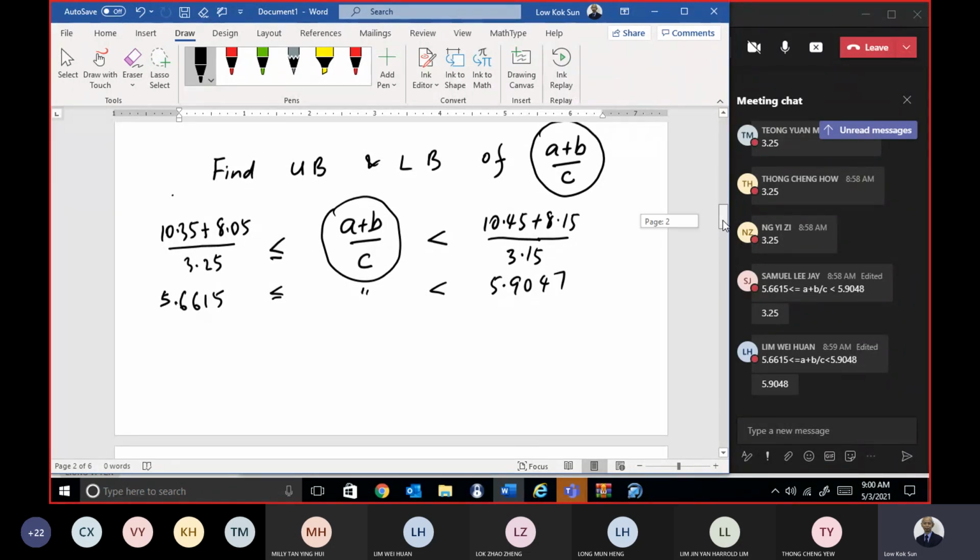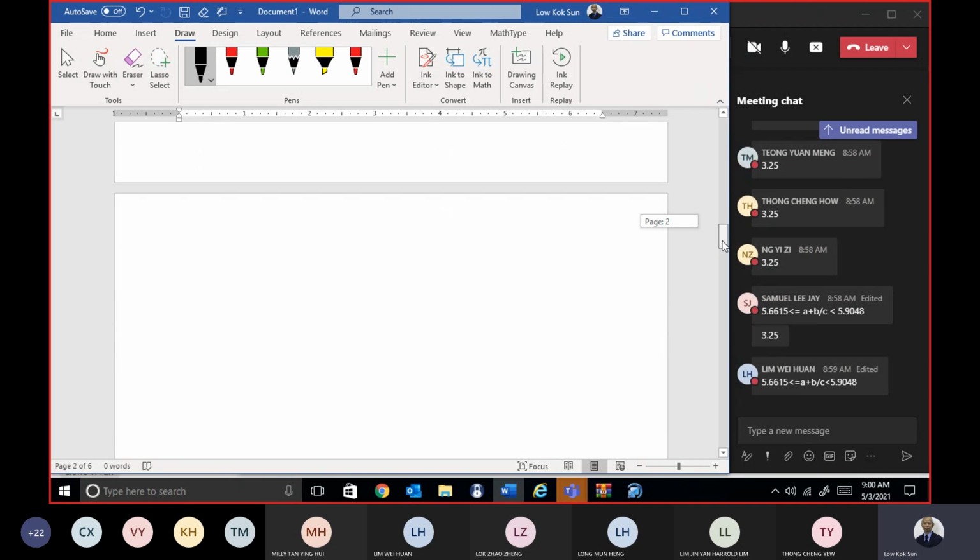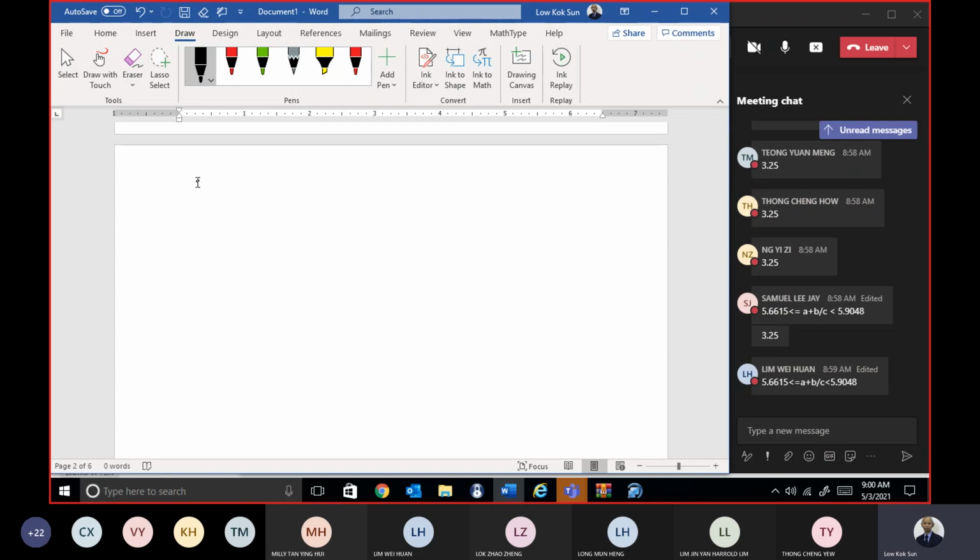I want to move on to another very easy subtopic. Now, we call it standard form. We want to spend very short time on this. Standard form of a number.